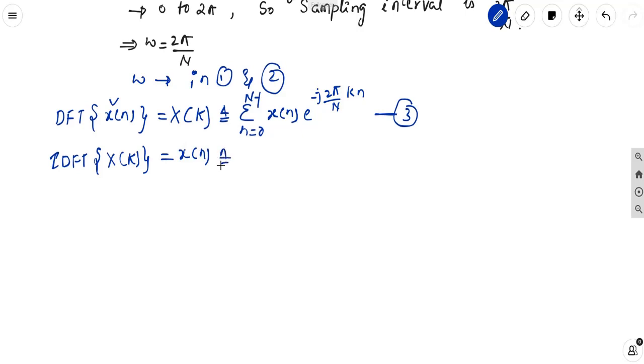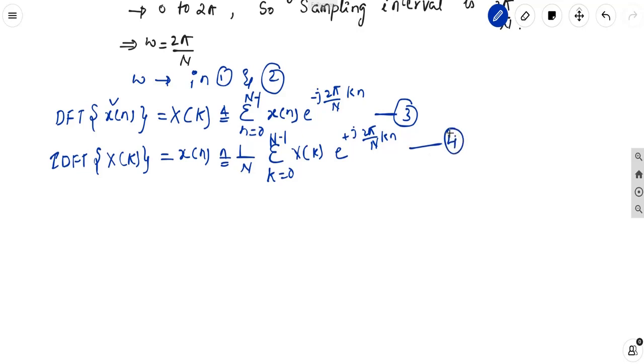By definition, this is equal to 1 by N summation k equals 0 to N minus 1, X of k e to the power of plus j 2 pi by N kn. We have substituted the value of omega, that is 2 pi by N. So this equation will be equation 4.